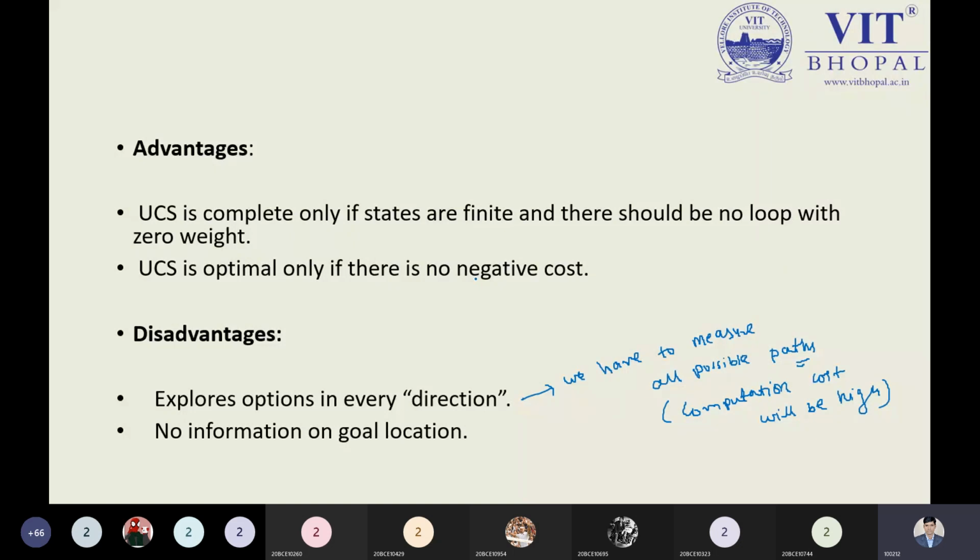I'm 100% agree with your point that information will be given, but the drawback we have to keep in mind is that we have to explore all the possible paths. So this is the reason we are keeping this algorithm in the uninformed category. It is just a simple example. I'm giving you a message: there is an examination today, but I'm not telling you which course you have to face.